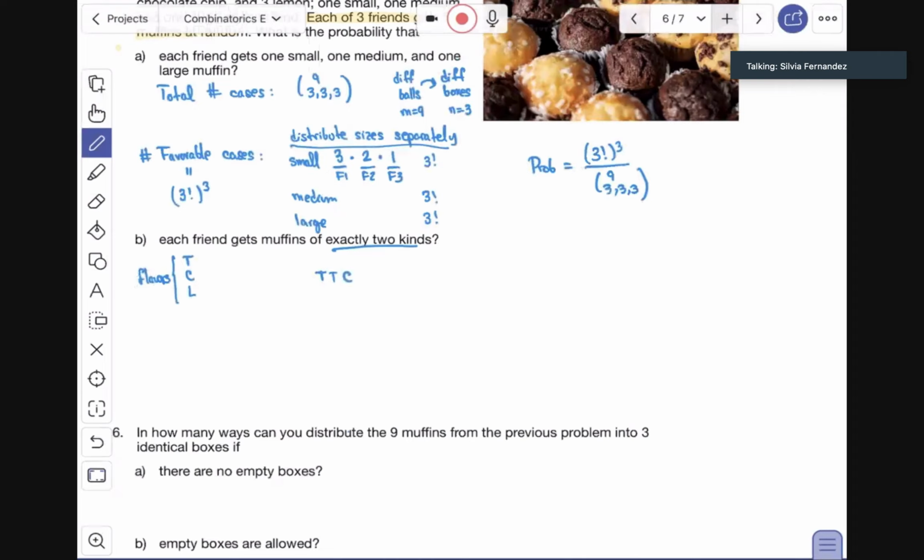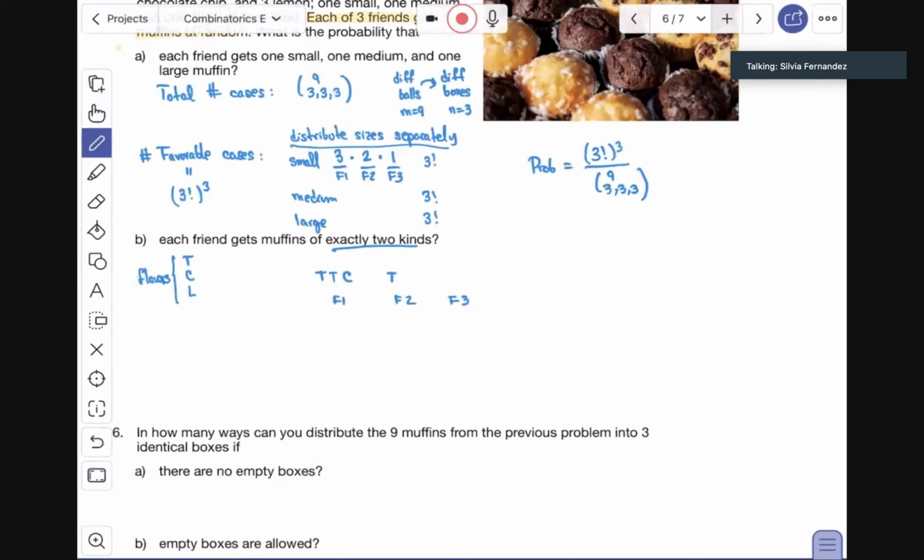So one possibility is that one friend gets two triple chocolate and one chocolate chip, and then somebody else is going to get the other triple chocolate and some other flavor, but two of another flavor.